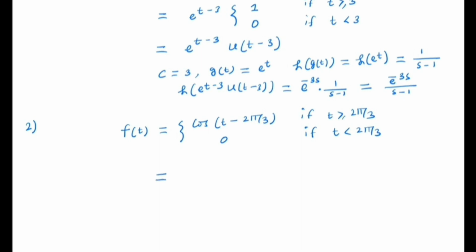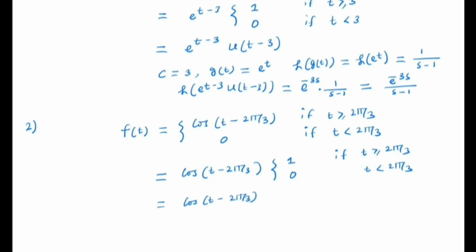Note that here also we can write it as cos of t minus 2 pi by 3 times 1 if t is greater than or equal to 2 pi by 3 and 0 if t is less than 2 pi by 3. So it is nothing but cos of t minus 2 pi by 3 times u of t minus 2 pi by 3.